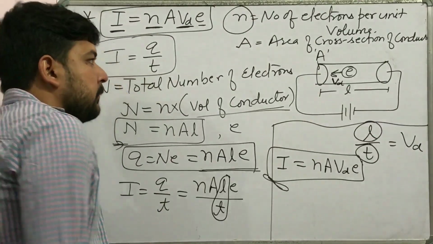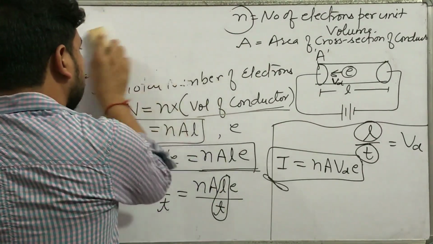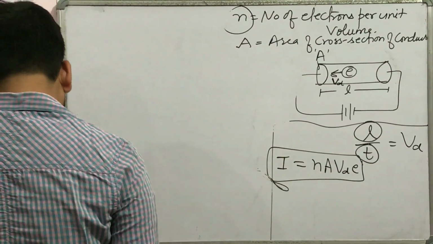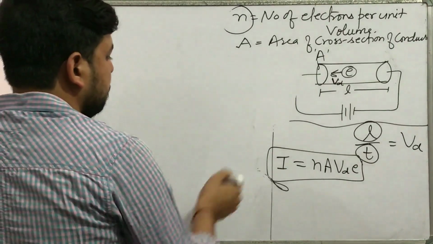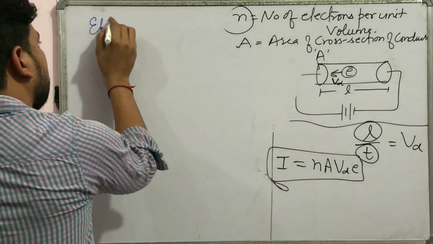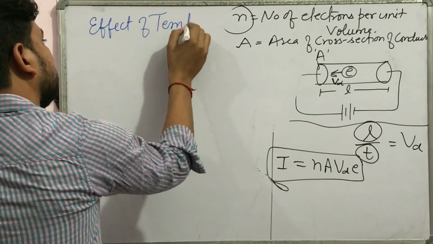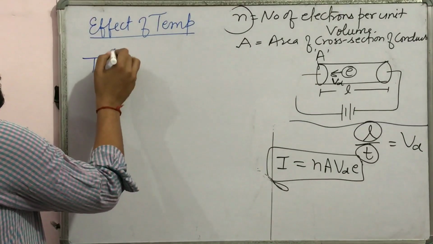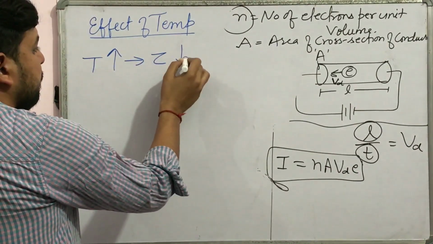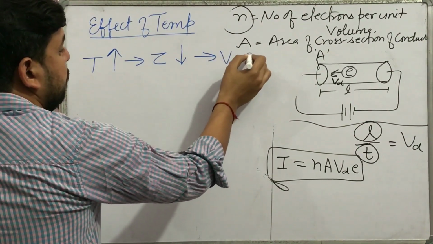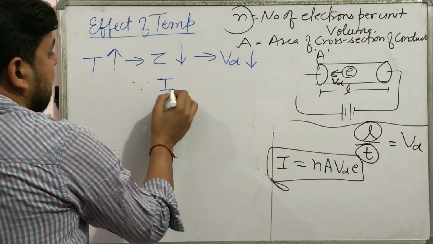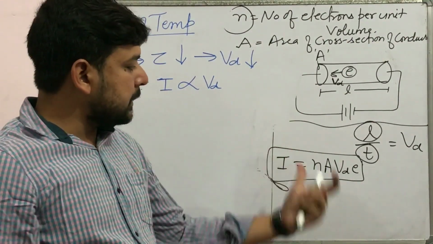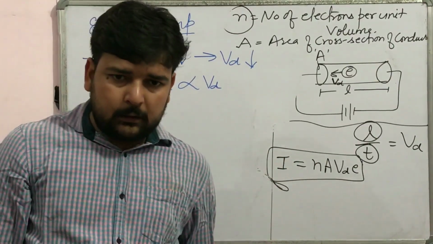Now if I talk about the effect of temperature on current: when temperature is increased, what happened? Relaxation time decreases, and drift velocity also decreases. And you saw here that I was proportional to Vd, when the number of electrons per unit volume remains constant, area of cross section remains constant, and small e, the charge on electron, always remains constant.